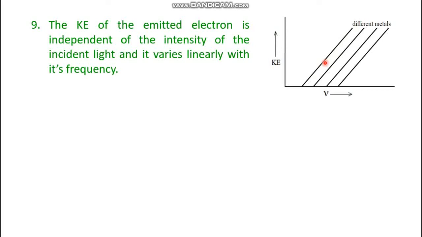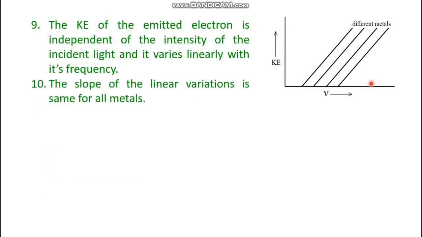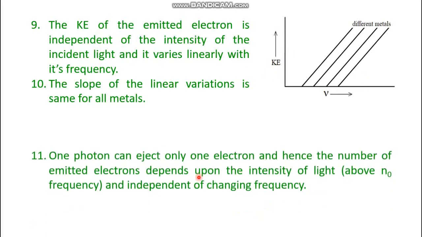It doesn't matter whether it is coming from copper, silver, gold or iron. It will have the same rate of increase in kinetic energy with increasing excess energy. Number 10, the slope of the linear variation is the same for all metals. This is actually an extension of point number 9.